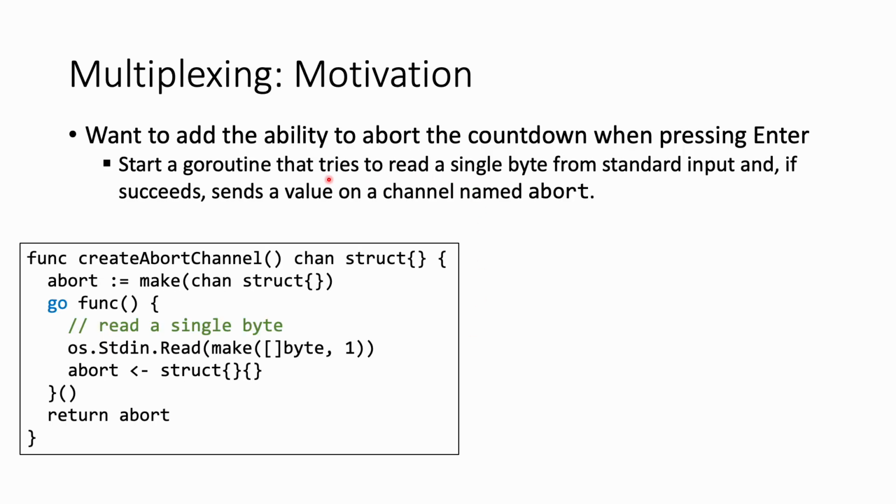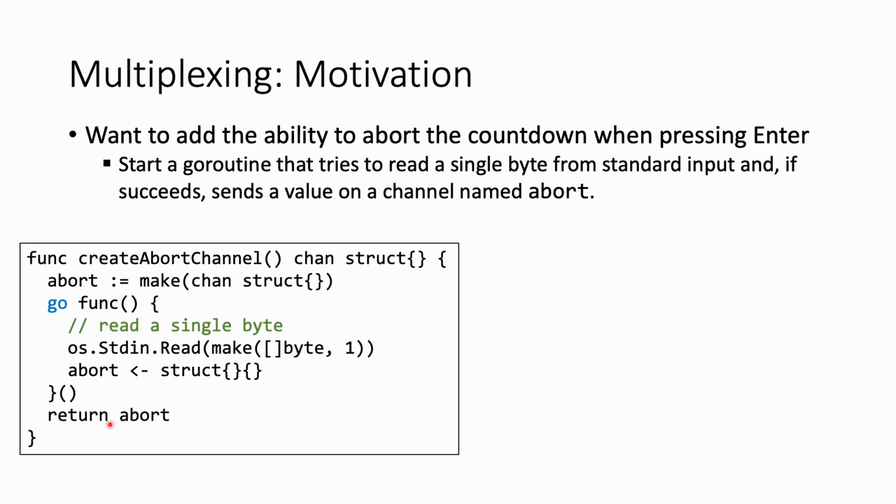This is implemented by a function createAbortChannel, which takes no argument and will return a channel of empty struct. This function creates a channel abort, then starts a Go routine that calls an anonymous function which reads a single byte from the standard input, that is os.Stdin, and then sends a value to channel abort.